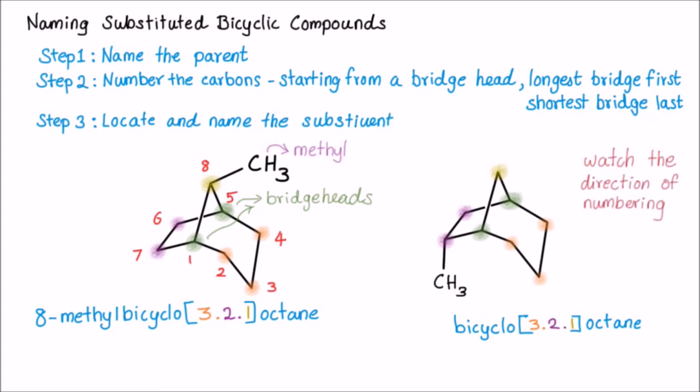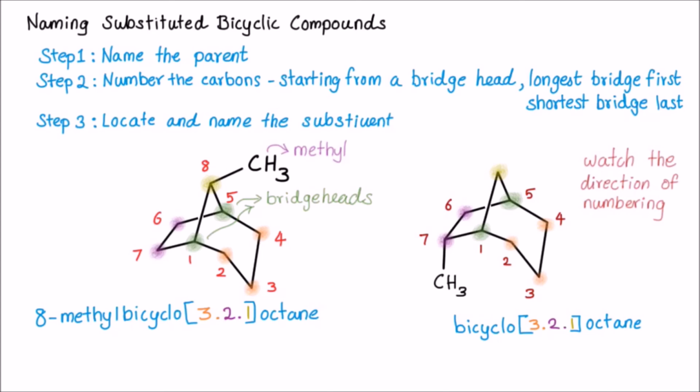I'm going to count in 2 different directions, so watch the direction. 1, 2, 3, 4, 5, starting from one bridgehead, going through the longest bridge, counterclockwise. Now if I do so, your methyl group is on the 7th carbon, right? The location of the methyl group is on the 7th carbon. That's the second longest bridge.